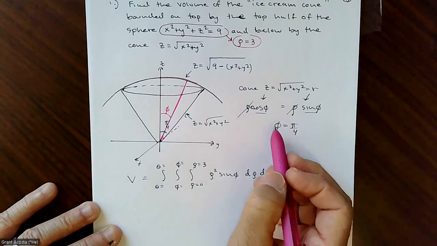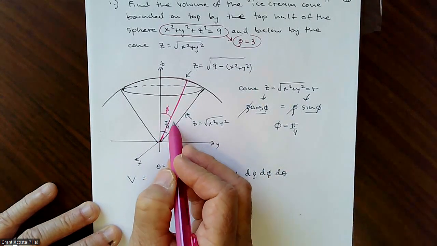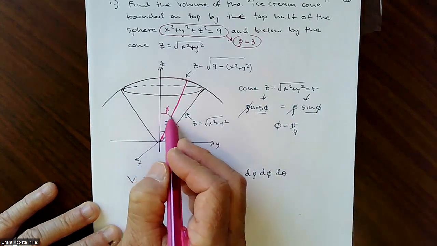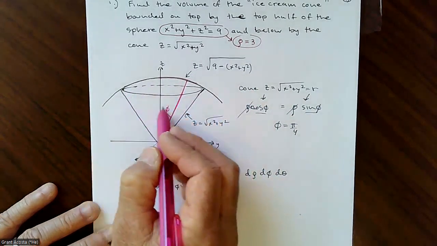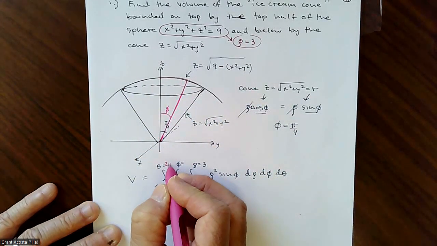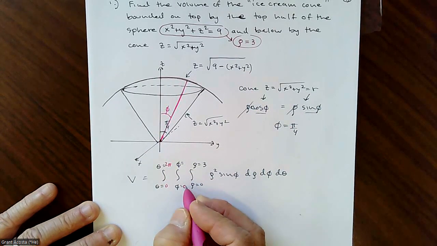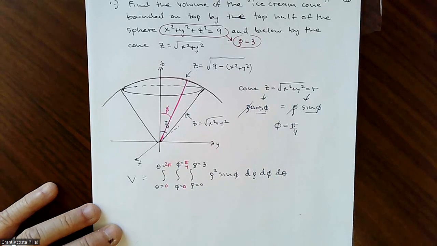Phi, as I mentioned, would go from 0 to the biggest angle here, which we know now is going to be pi over 4. And as long as I have theta swinging all the way around the z-axis, going from 0 to 2 pi, then if I have phi go from 0 to pi over 4, I'm going to hit every single point in that cone.